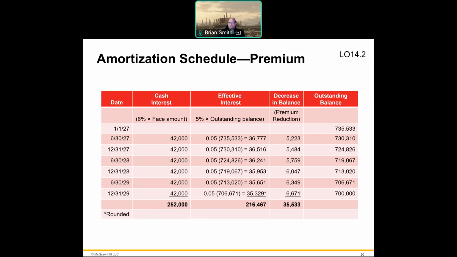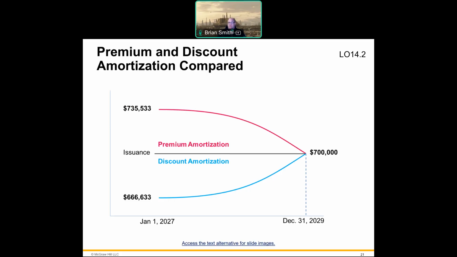So we're going to subtract those two, get our decrease in the balance or our premium reduction, and move down until we get to our outstanding balance in the bonds of 700,000, and our premium has been completely amortized. The idea behind this amortization of the discount and premium is to bring us back to where a $700,000 bond is what we issued and is what we're paying back.